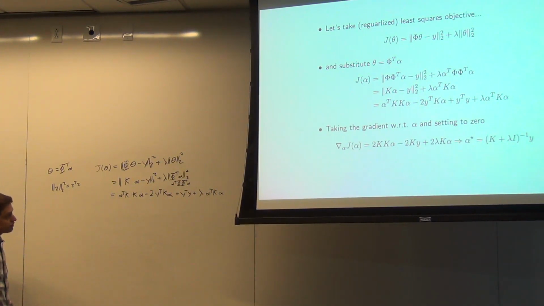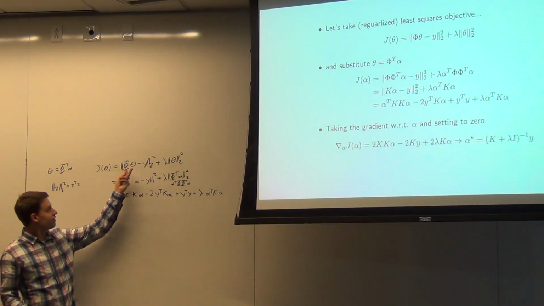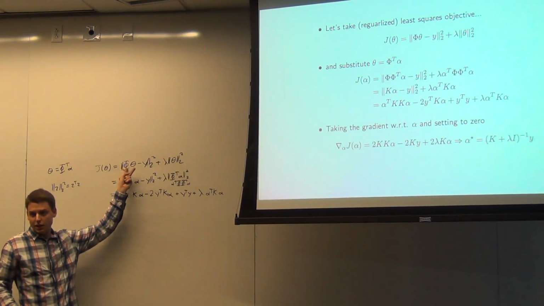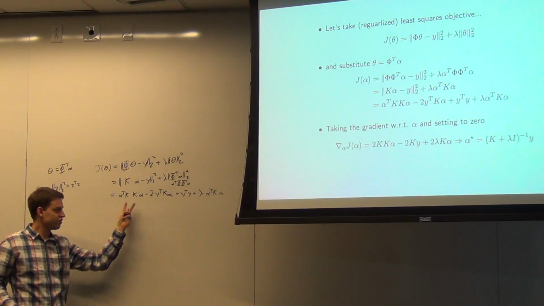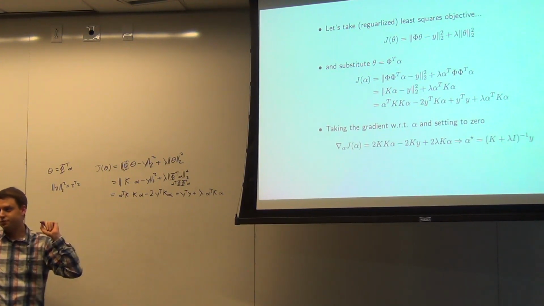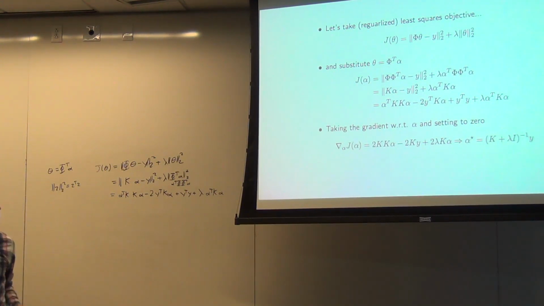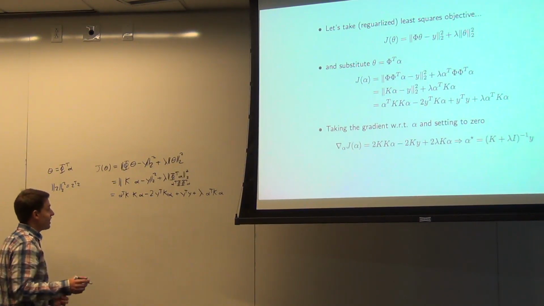Okay, so this is great, because we've taken this thing that had these big matrices phi, and we've gotten rid of all of them. We have just this matrix K, and nothing else. Now we'll take the gradient again. The gradient rules are exactly the same.